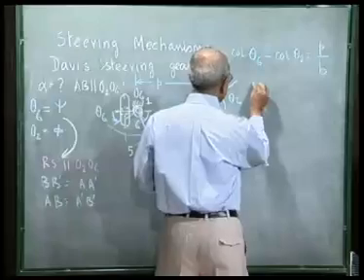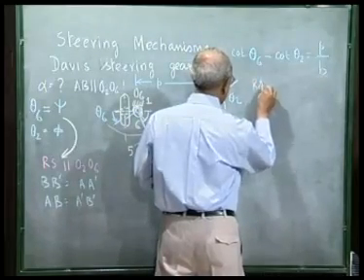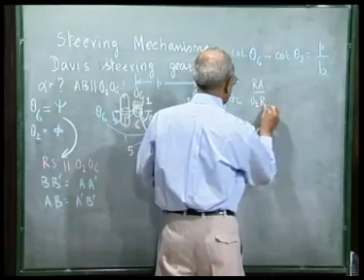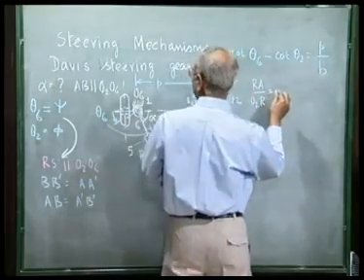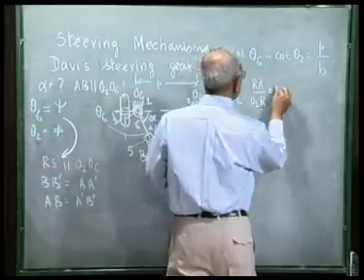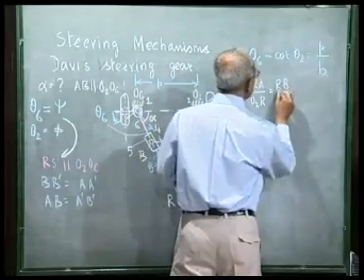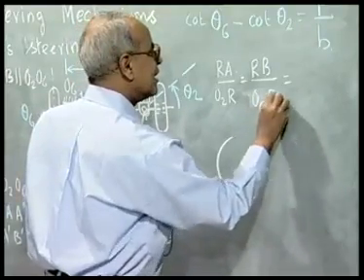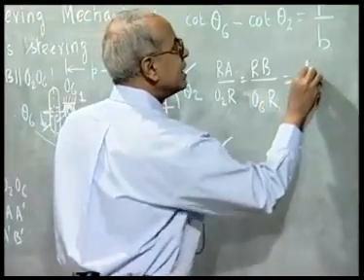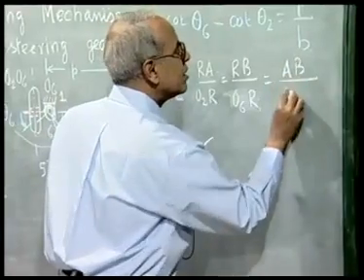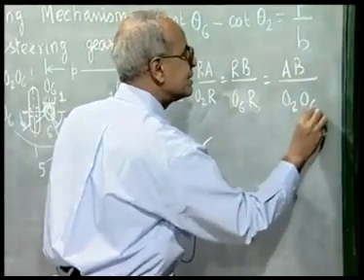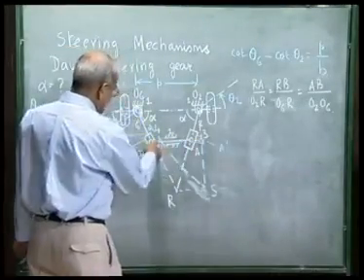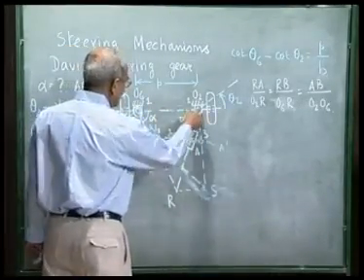So you can write RA by O2R is the same as RB by O6R is AB by O2O6. Now, A prime B prime is again parallel to O2O6.